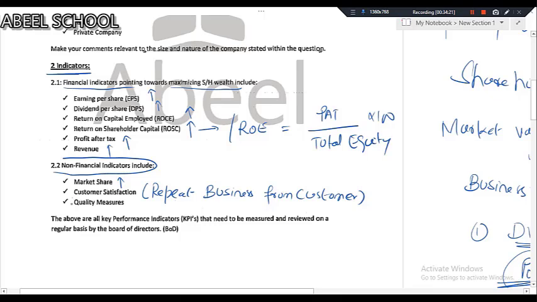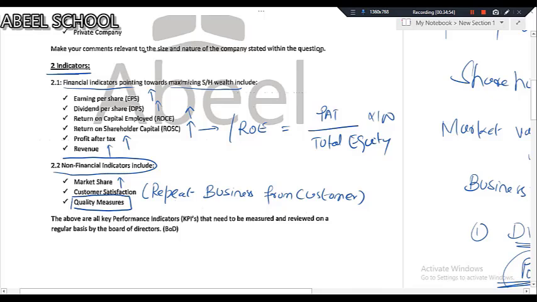Quality measures. Obviously quality speaks. There's no alternative to quality. And quality does not come cheap, let me tell you. Quality does have its cost. There are so many automobile cars, like we have BMW and there are other cars as well.